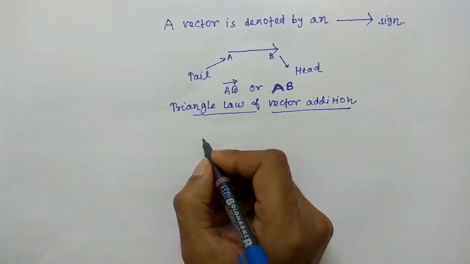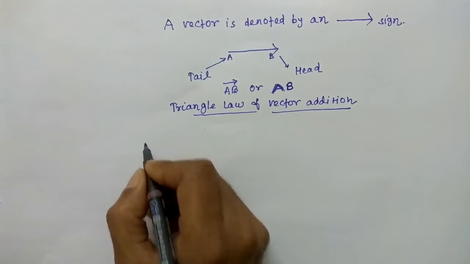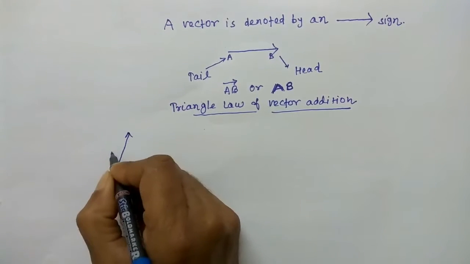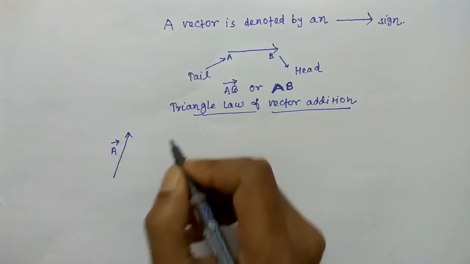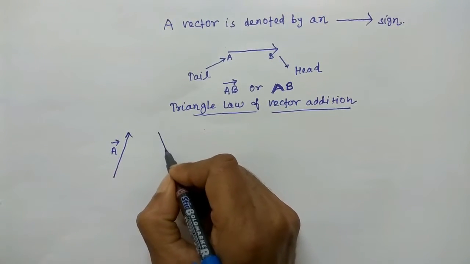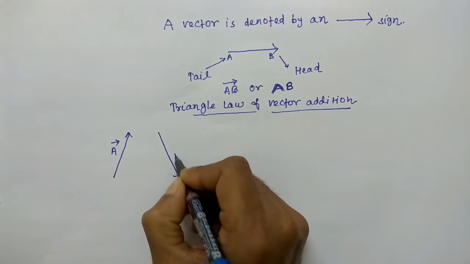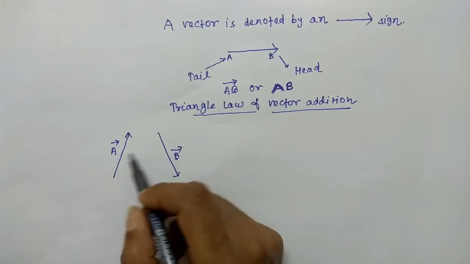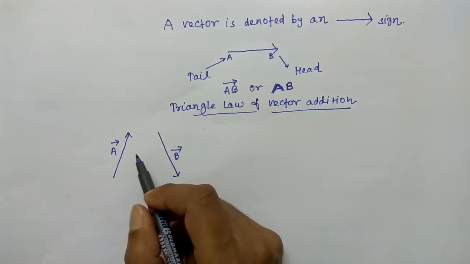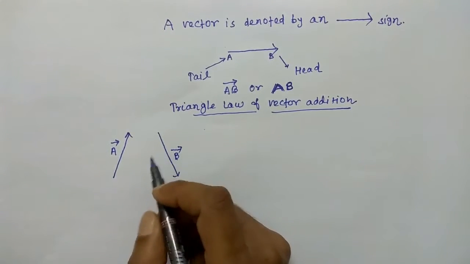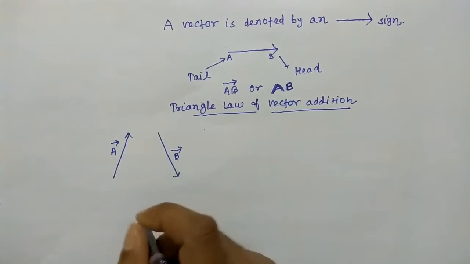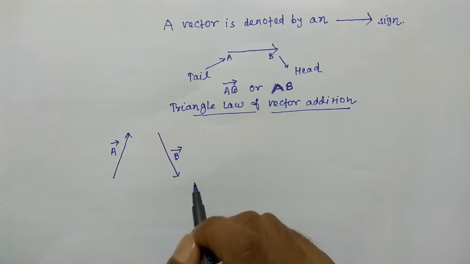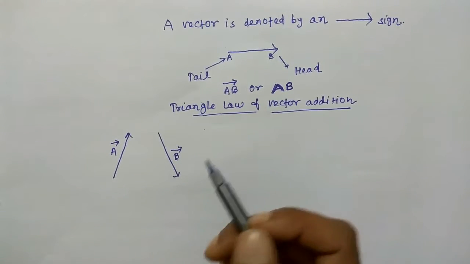Now friends, consider two vectors, vector A and vector B. Now you have to add these two vectors. You cannot add vectors by simple algebra like scalars. So you can add vectors by triangle law and parallelogram law, which we learn after this.